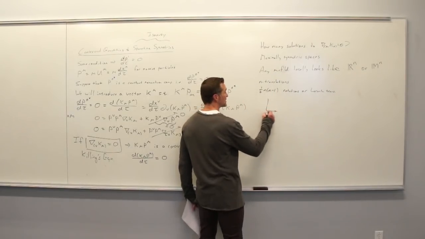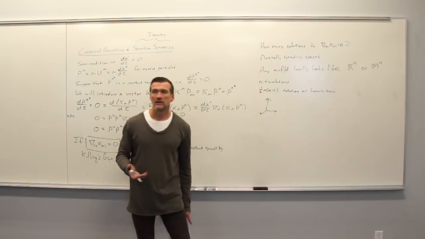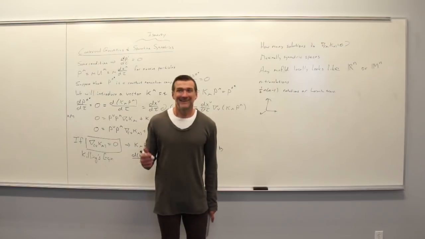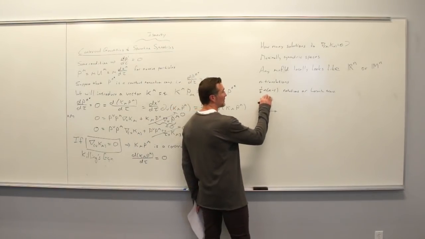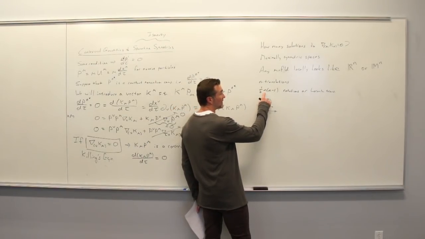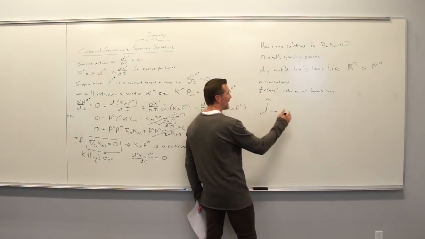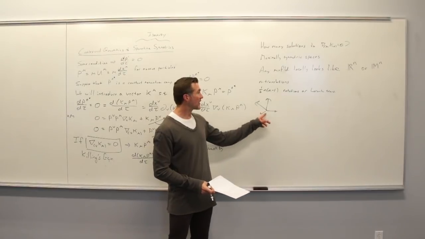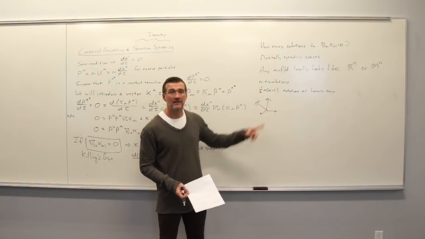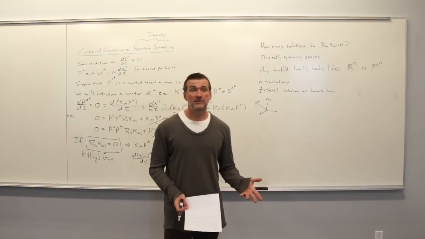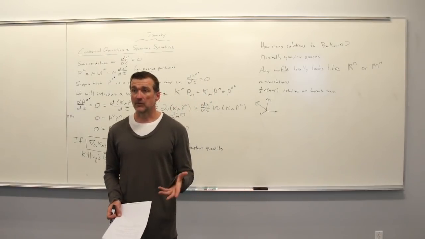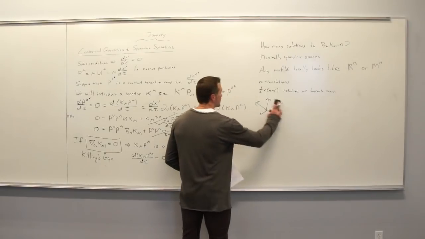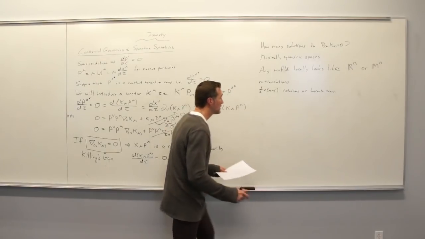If you're in 3 dimensions, how many orthogonal planes are there? 3. I'm not tricking you. And so if I plug 3 in here, I get 3. If I'm in 4 dimensions, how many independent planes are there? 6. Remember, there are 6 Lorentz transformations in space-time: 3 rotations and 3 boosts. So that's the form of that 1/2 n(n-1).